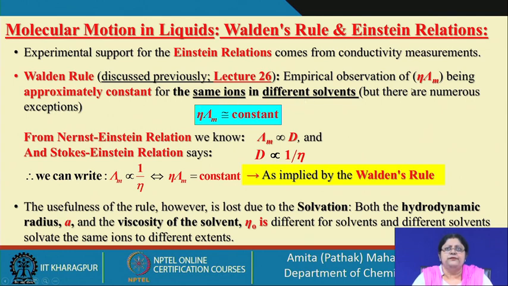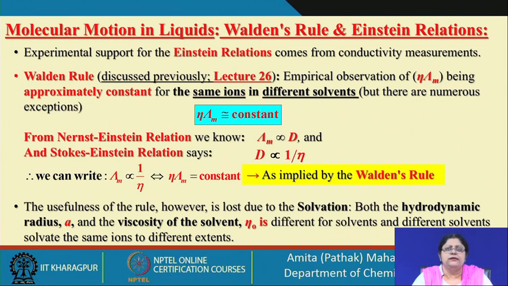We have seen that we discussed also various exceptions to this, but more or less we can assume that for the same ion in different solvents, the product of the viscosity coefficient and the molar conductivity should be approximately a constant. So, this is what we had taken in the previous lectures.